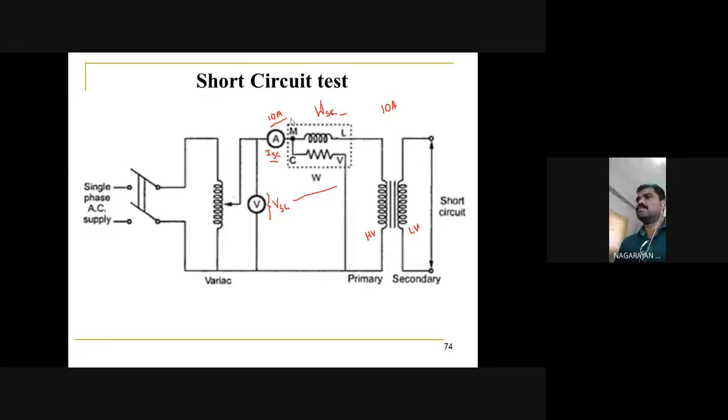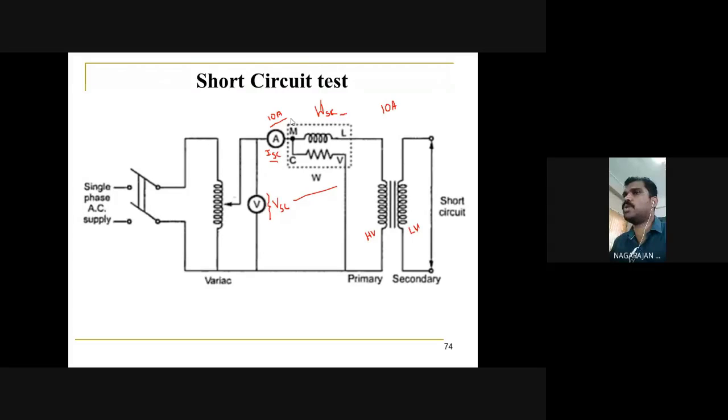Rated value of any machine is defined as the safe value within which the machine operates in a safe manner. Beyond that value, for example, if the transformer rating is given as 15 amperes, and you load the transformer beyond 15 amperes, the high current passing through the coils may damage the winding.